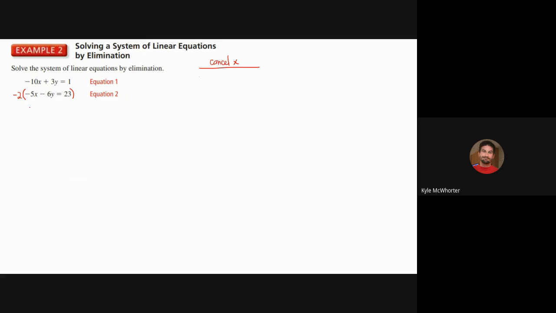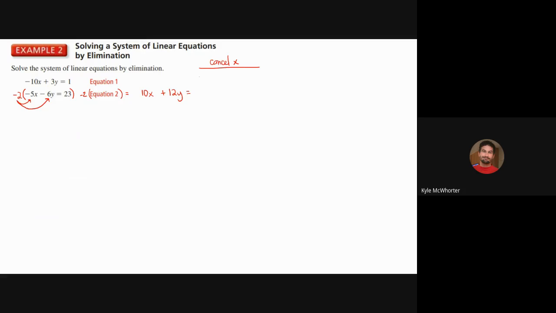that would give me, if I did -2 times equation 2, -2 times 5x would be positive 10x. -2 times -6y would be positive 12y.